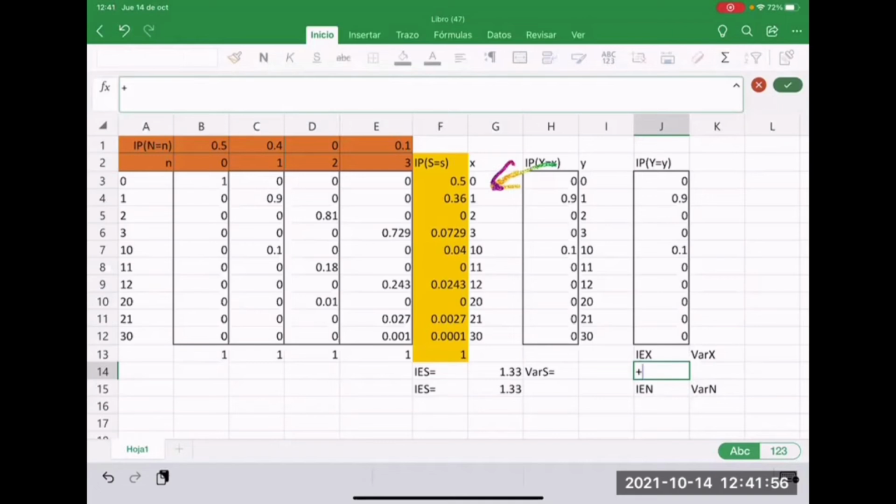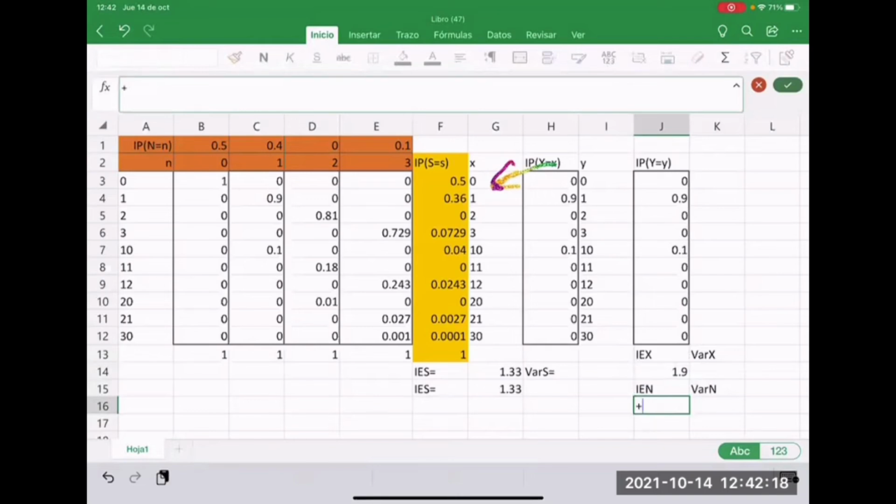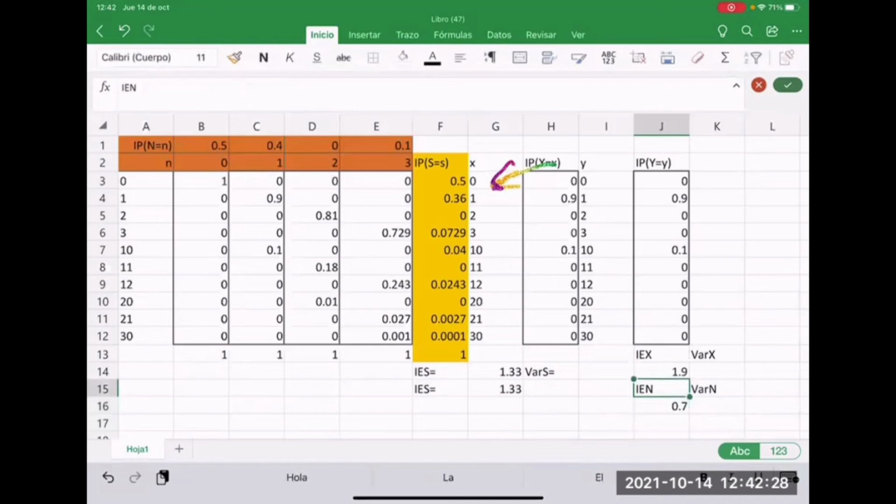In order to take the expectation of X, we just need to take the sum product of this with this. There, like that. Fantastic. And then we need to take the expectation of N, and that's just the sum product of this vector with this other vector here. That's it.